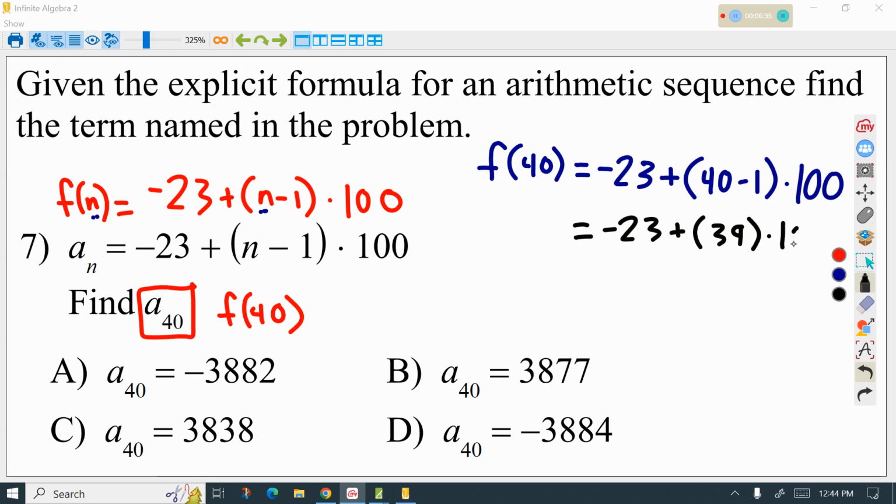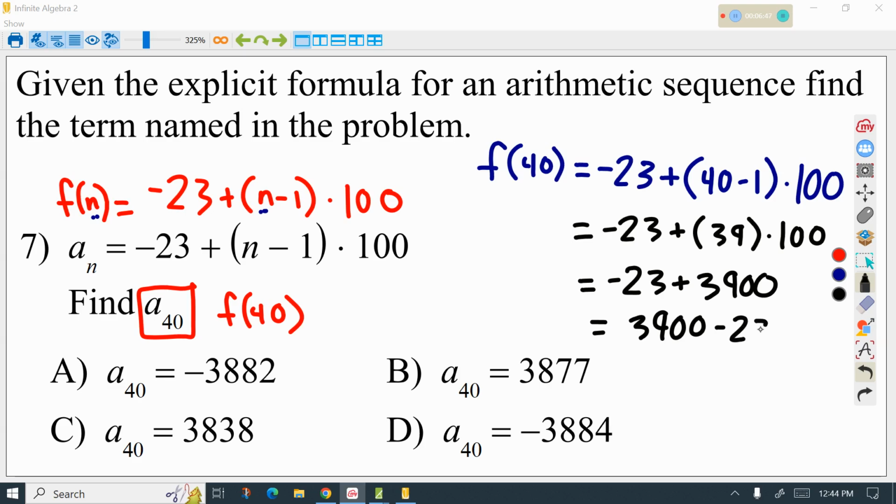So we have to do 39 times 100, which is just 3,900. And we should recognize that this is the same thing as just 3,900 minus 23, right? So you should be able to find your answer pretty quickly, seeing that we have this one right here. Okay? So this example is just using the explicit formula to make sure that we can get something.